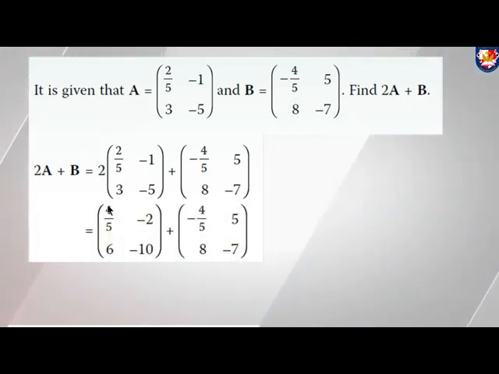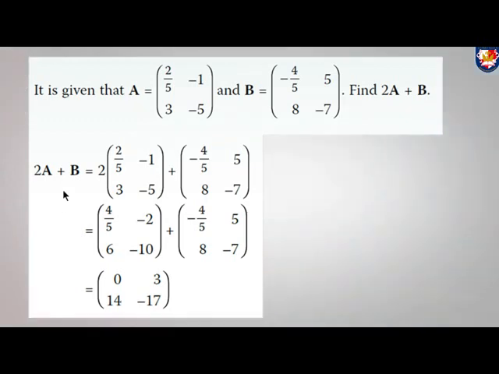You'll find 4/5, -2, 6, and -10. And after you multiply 2 with the elements in A, and then you add B, you will find that matrix 2A plus B equals 0, 3, 14, -17.